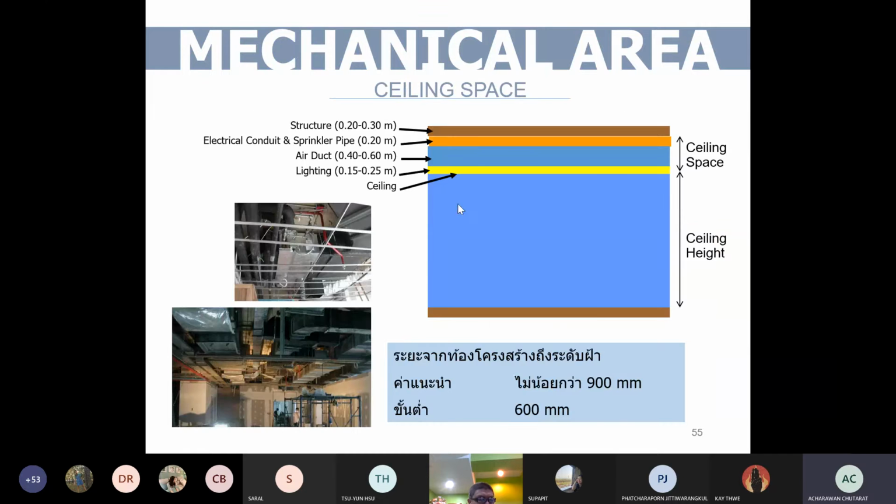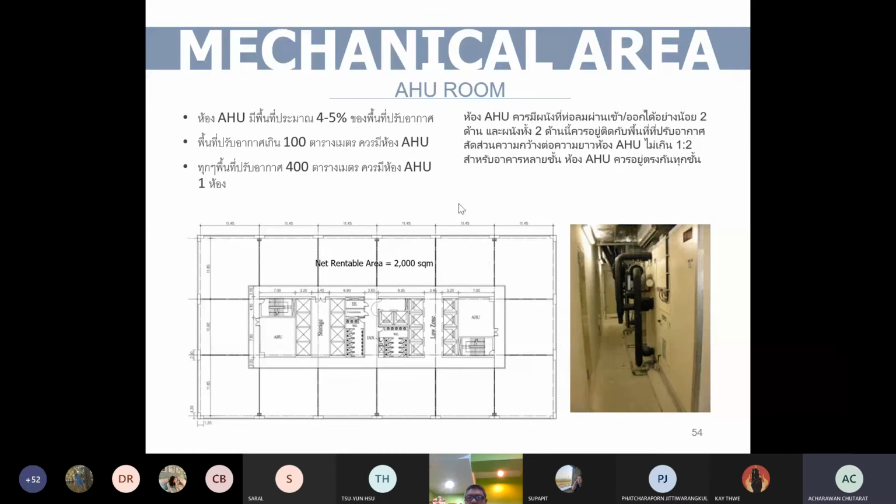I have a question on this picture. It seems to have AHU 2 rooms on this floor. It looks to me like 15% or more, much more than 4 to 5%. Can it be only one room or does it have to be 2 rooms but smaller?